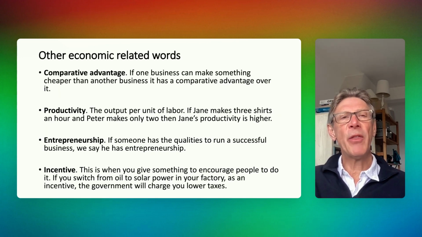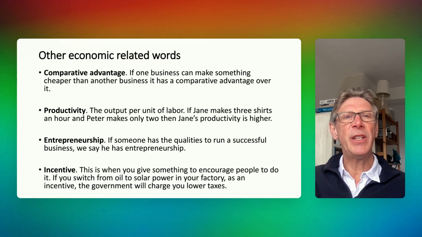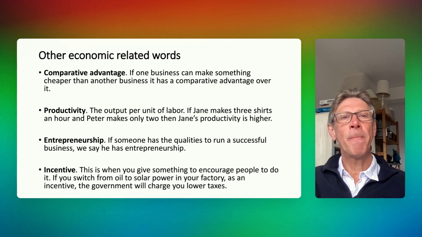I'm going to run through some other words that you might see in a GED social studies question. Comparative advantage. If I have a factory that produces shirts in the UK, and you have a factory that produces shirts in Myanmar, I think that you may find that you have a comparative advantage over me.